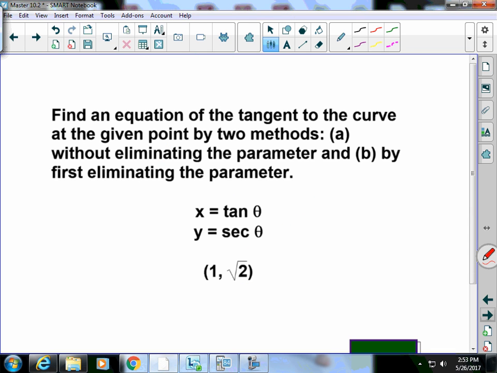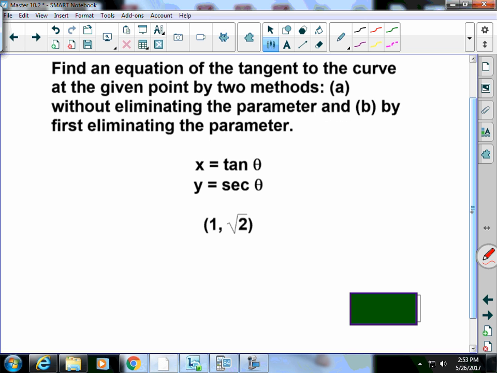Alrighty. So now I want to find the equation of the tangent to the curve at the given point by two methods. First, I want to do it without eliminating the parameter, and then by first eliminating the parameter. So there's more than one way to do this. Let's see, what is dy/dt? y is equal to secant theta, so the derivative of secant theta is secant theta tangent theta.